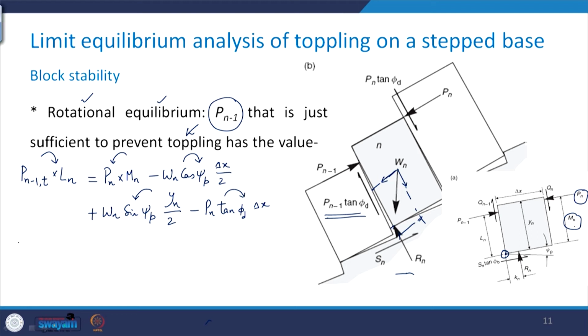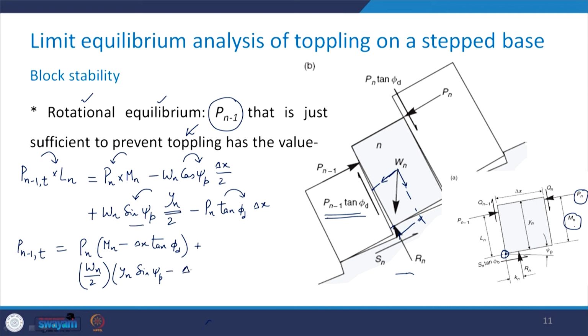So, you can write this Pn minus 1 comma t is equal to Pn into mn minus delta x tan of phi d plus Wn upon 2 multiplied by yn sin psi p, which is this term, minus delta x cos of psi p.